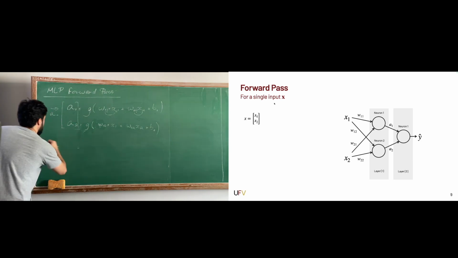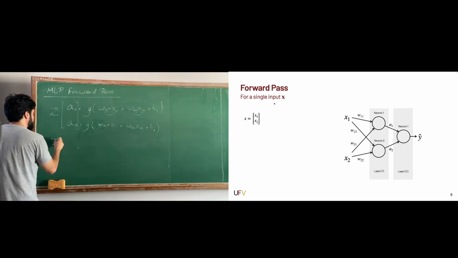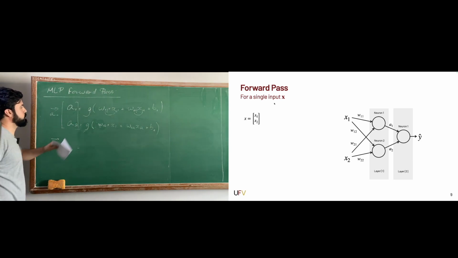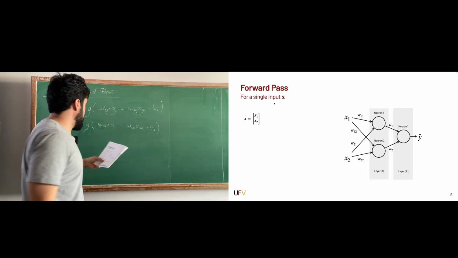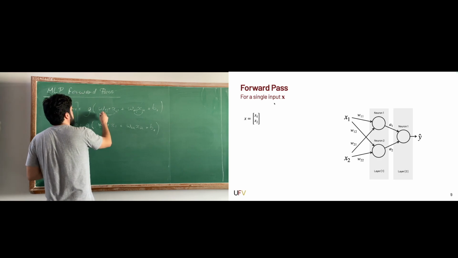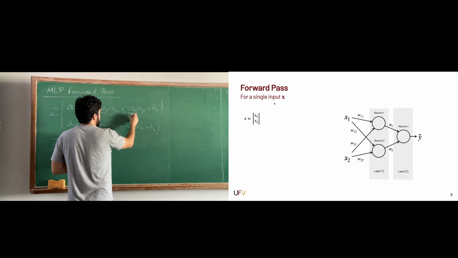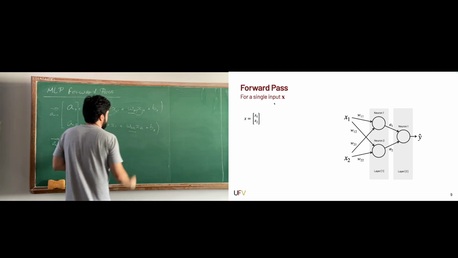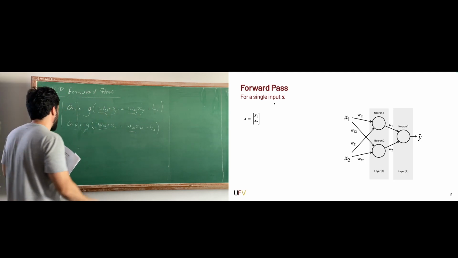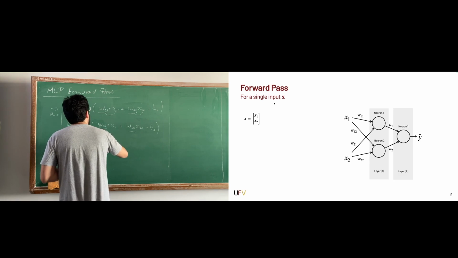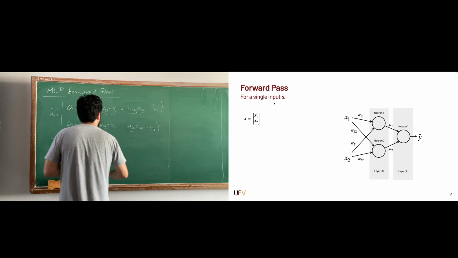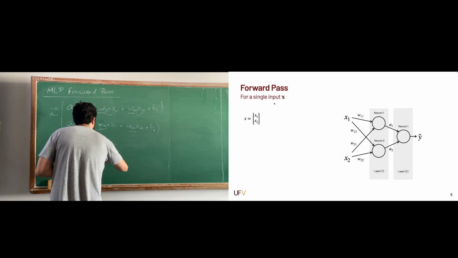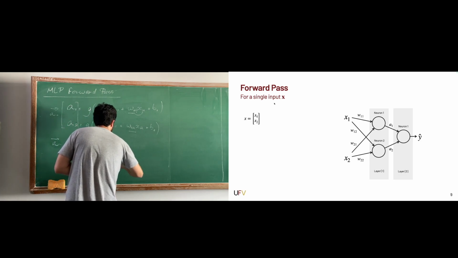And now we can use matrix operations to make these calculations more compact. And we're going to do that by separating these weights in a matrix. W11, W21, W12, and W22.